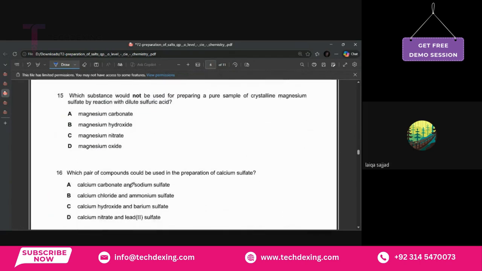Okay. Then we are given that which substance would not be used for preparing a pure sample of crystalline magnesium sulfate by reaction with dilute sulfuric acid? Magnesium carbonate, magnesium hydroxide, magnesium nitrate, or magnesium oxide?